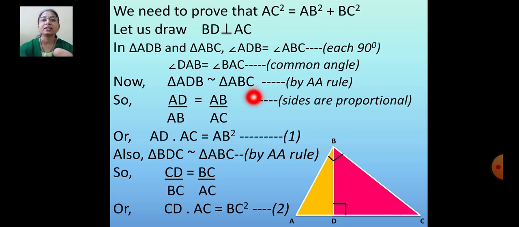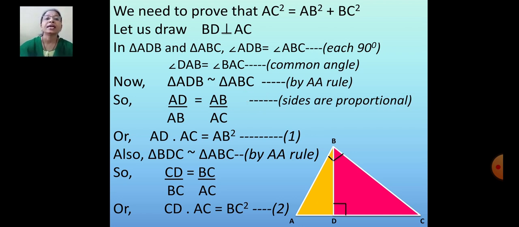So in similarity, again I am telling, the one-one correspondence between the vertices of the triangles is important. Now once the triangles are similar, we can take the ratio of their corresponding sides.